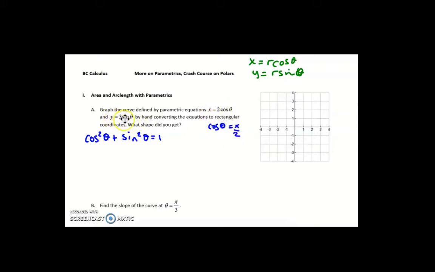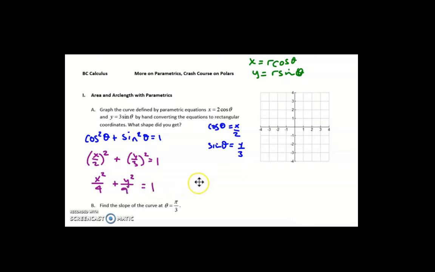And since y equals 3 sine theta, that means that sine theta equals y over 3. So we're going to use this trig identity and plug in our cosine theta and our sine theta. Cosine theta was x over 2, we have to square it. Sine theta was y over 3, we have to square it.